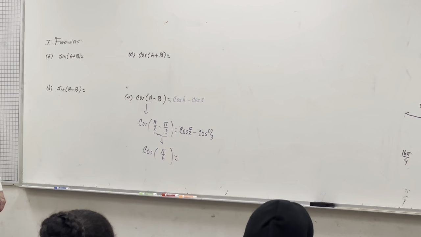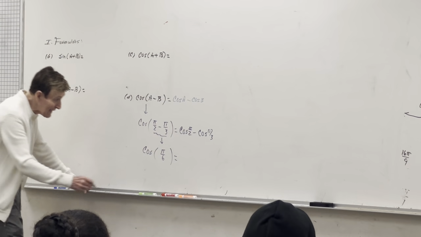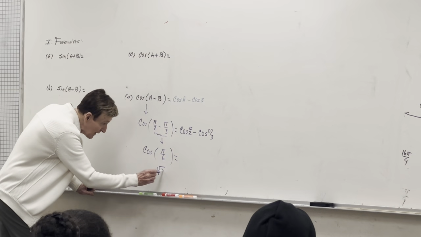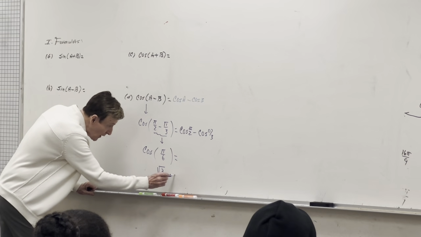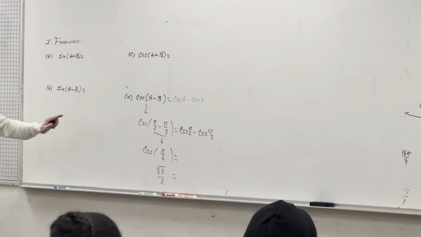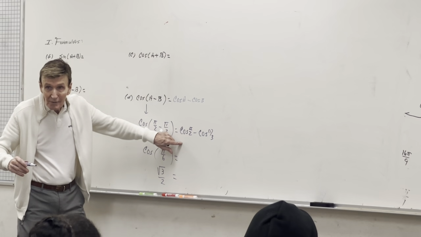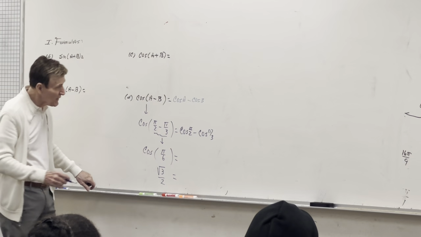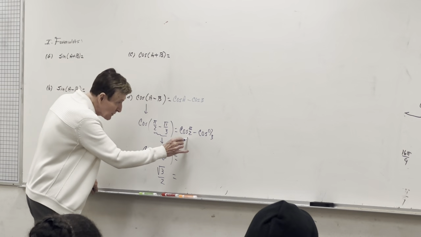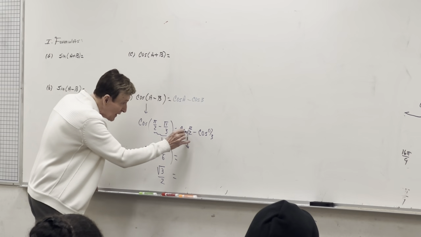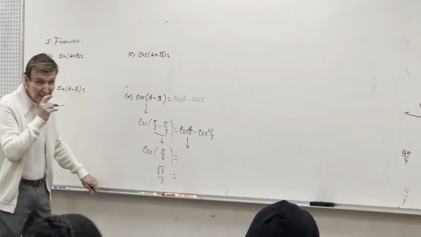And then what's the cosine of pi over 6? I know that from the unit circle. The x-coordinate of pi over 6, I think, is radical 3 over 2. Is that true? So the left-hand side says radical 3 over 2. If I did it like this, merely distribute the cosine inside there, it says cosine pi over 2, and that's cosine of 90.